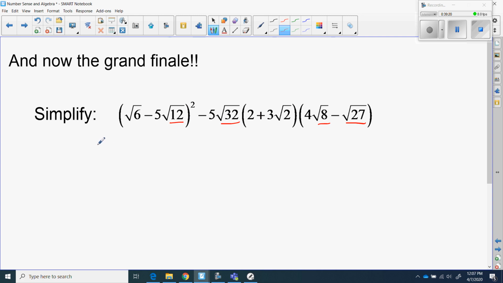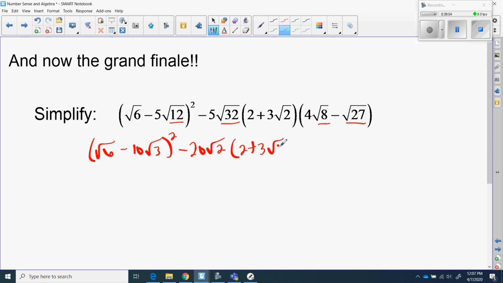So the first one is just going to stay radical 6 minus, sorry, I want to get rid of that. So I'm going to simplify this first. And it will be 4 times 3, the square root of 4 is 2, so that's going to make this 10 square root 3, minus 32, 16 multiplied by 2, square root of 16 is 4, so that's going to make this 20 radical 2, plus 3.